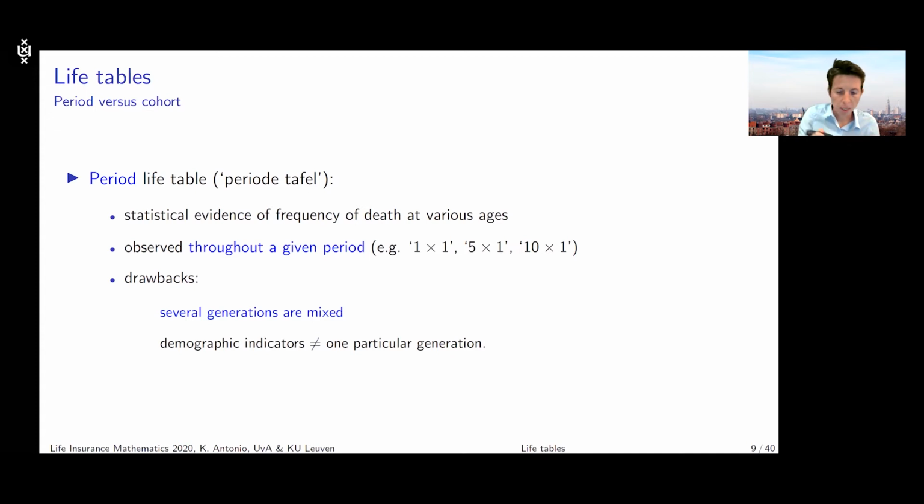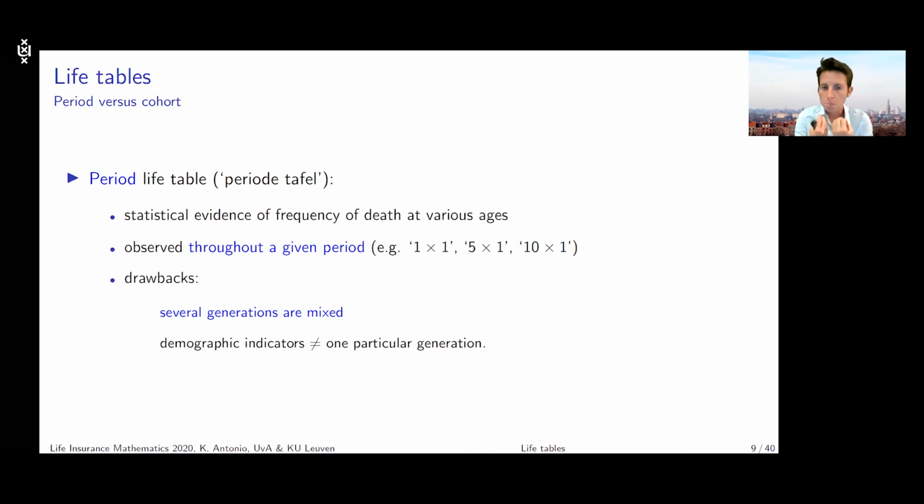But somebody who is, let's say, 75 years old in the year 2019, somebody who is 85 years old in the year 2019, this is somebody who does not belong to my cohort or to my generation, right?